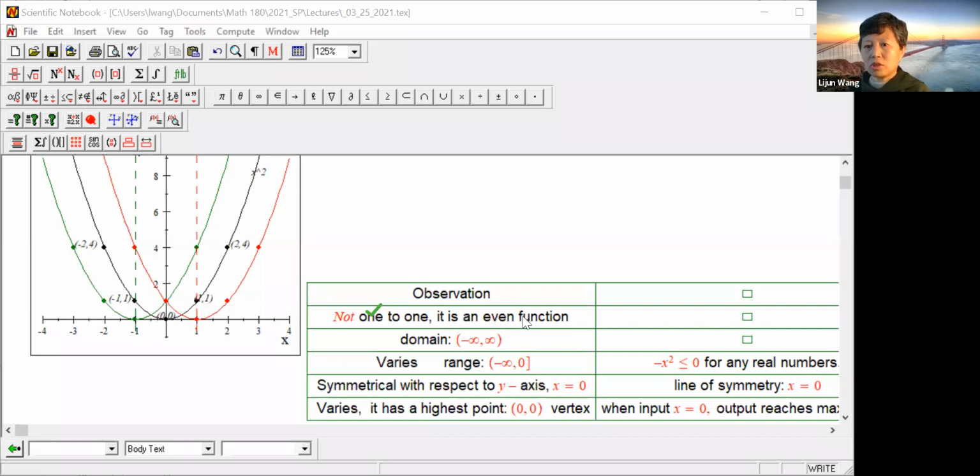How about even function? Look at the green and look at the red. Are they still even functions? Not anymore. They're no longer even functions because an even function has to be symmetrical with respect to the y-axis, right?